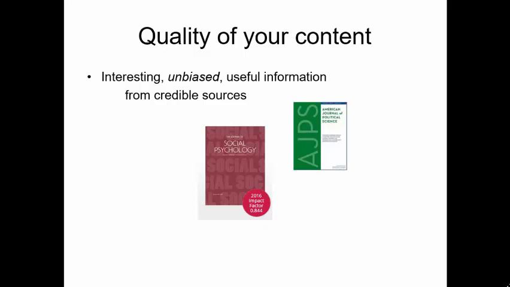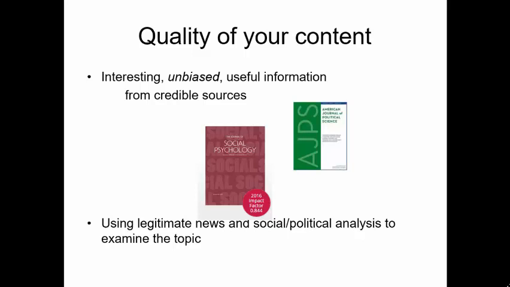I've also posted another video on all my classes that's a relatively quick overview of why these peer-reviewed journals are so important and how to find them on the library databases. So what you're doing here is using these legitimate news sources, these credible social and political analysis journals, to examine this topic.